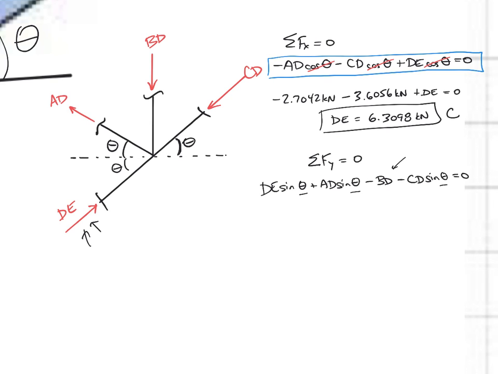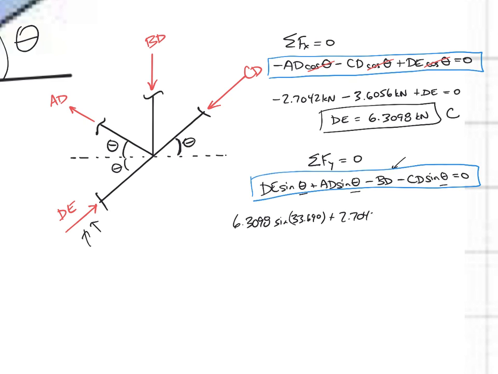So if we plug these numbers in, this was a potential plus 3 equation. Of course, it's redundant in my case. So DE is 6.3098 times the sine of 33.690, plus AD, which is 2.7042 times the sine of 33.690, minus BD.